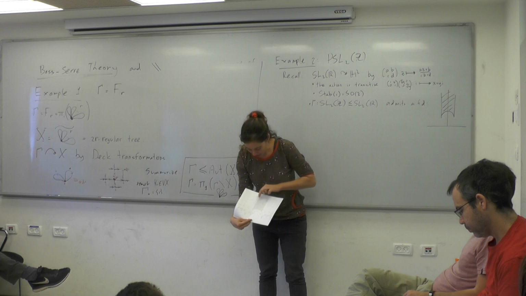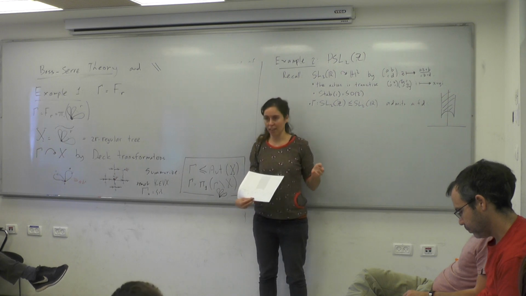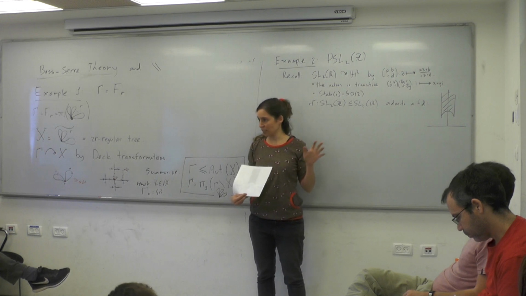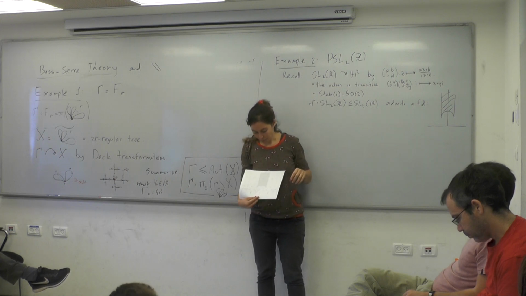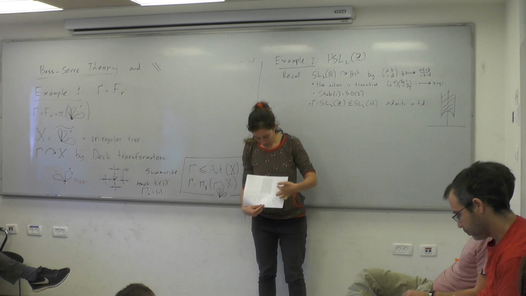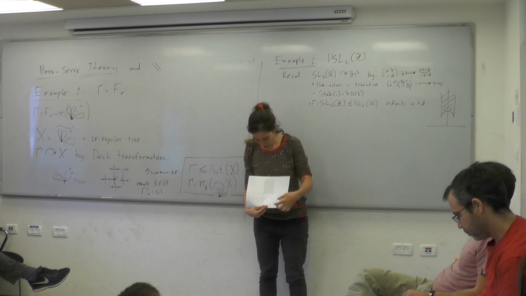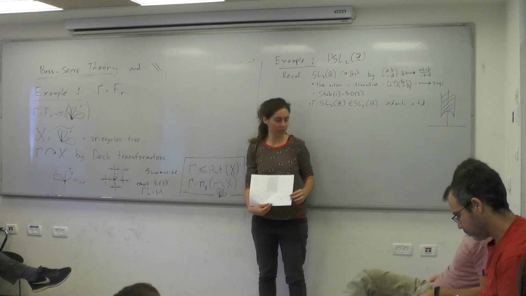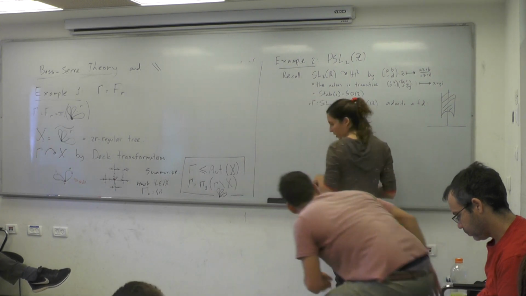I don't know if you can see the T and the S, but it is known that SL2(Z) is generated by two specific matrices, T and S. And you can really see which word in these two letters translates this fundamental domain. You can write them specifically.